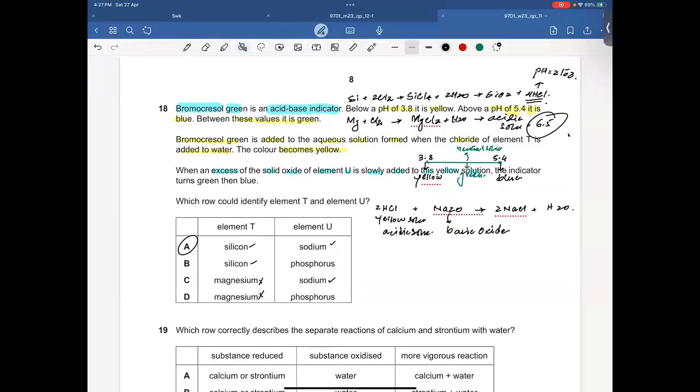Because if it is a basic oxide, obviously you will get an alkaline solution when you add it in water, which is why the solution turns blue.